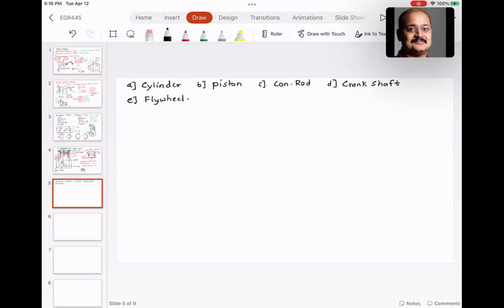And by the way, the design slides for all these are already uploaded. Then we will look at the design of valves, poppet valves. Then if you want, we can look at the design of the camshaft and so on. These are the main components of the engine.